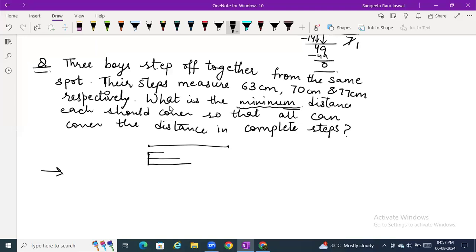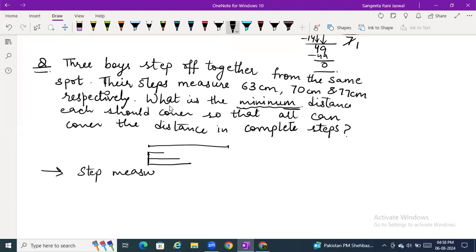Great. Okay, so let's write the first statement. What will be the first statement? Step measure of the first boy you can write. Please write step measure.